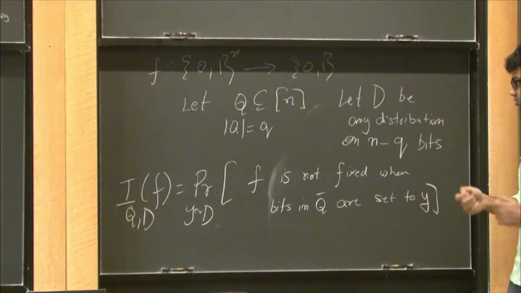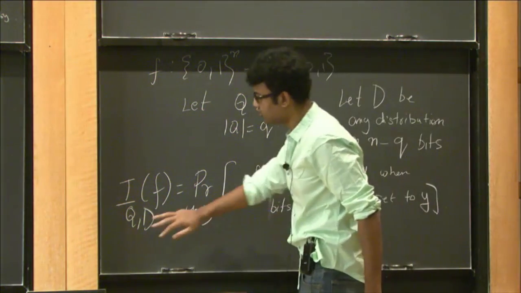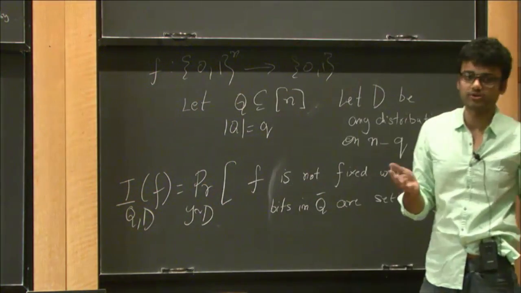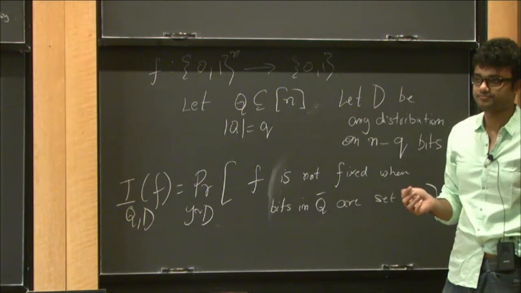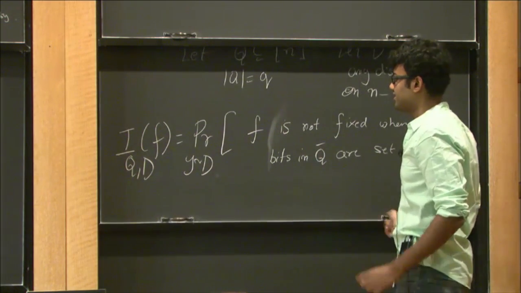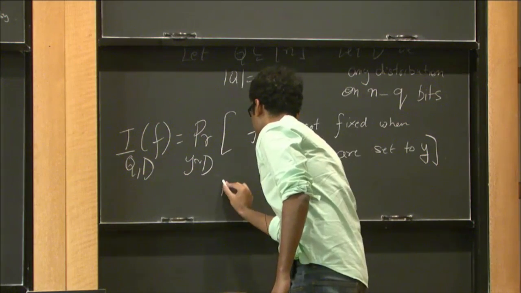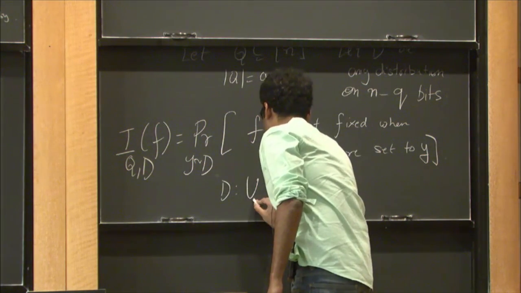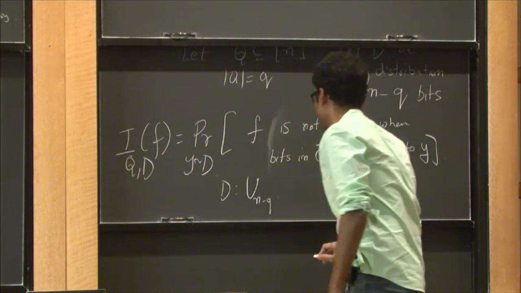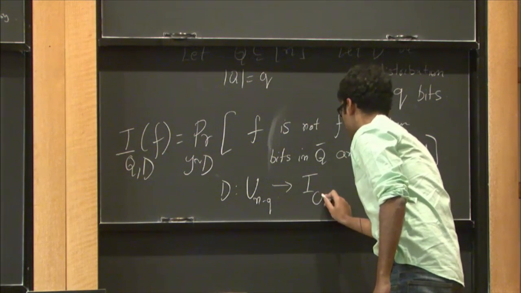If it's not determined, then it says that the coordinates in Q can still influence the outcome of the function. Some special cases we'll look at are when D is the uniform distribution on n minus q bits, then we'll call this quantity just I_Q.